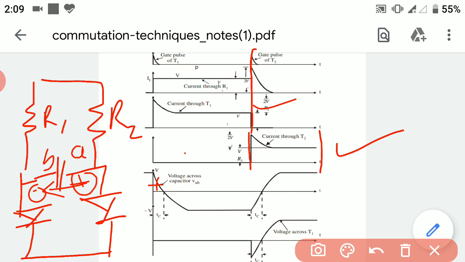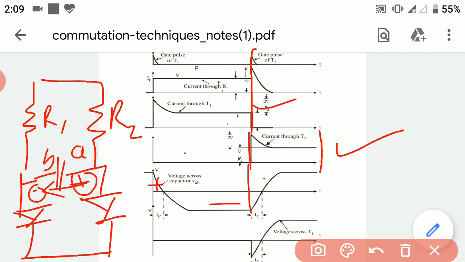Now as the polarity across the capacitor plates becomes negative, the thyristor T1 will be turned off and T2 is turned on.